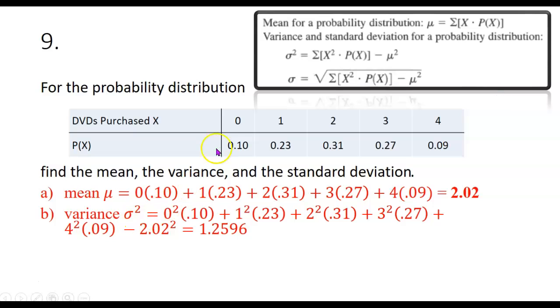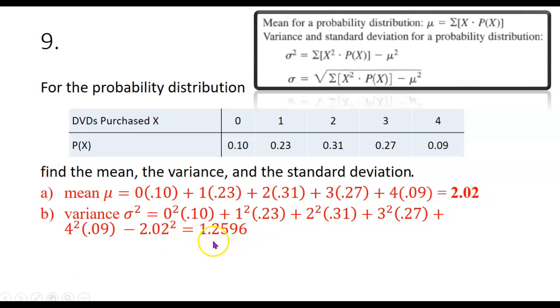So here that would be 0 squared times 0.10 plus 1 squared times 0.23 plus 2 squared times 0.31 plus 3 squared times 0.27 plus 4 squared times 0.09 minus 2.02 squared.